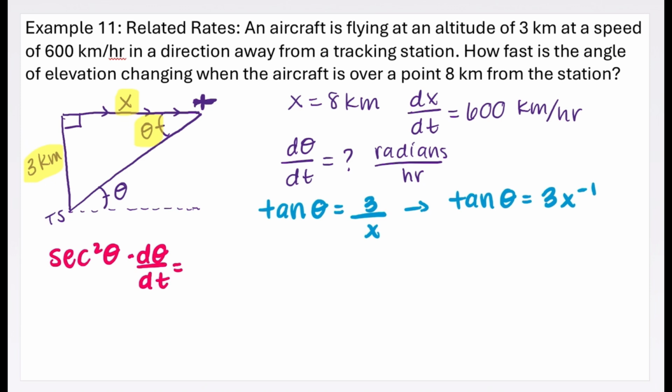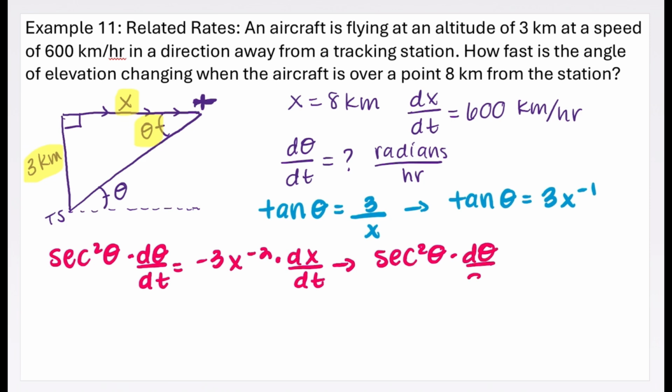equals negative 3x to the negative 2 times dx/dt. And I'm going to rewrite this. I'll have secant squared theta times d theta/dt equals negative 3 over x squared times dx/dt. All right, so there's my function.